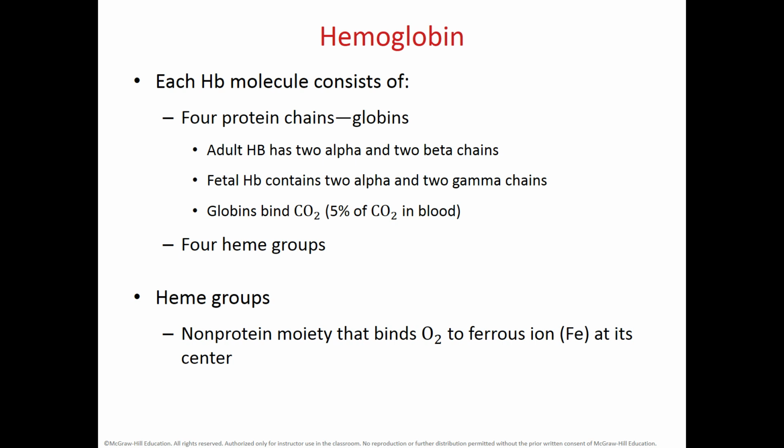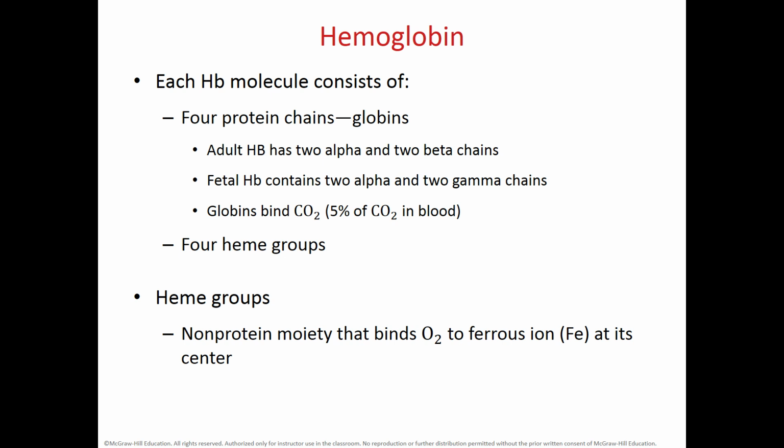So they have to compete with the mother's blood for oxygen. And they have to have a stronger hemoglobin, the fetal hemoglobin, to attract more oxygen molecules than the mother's adult hemoglobin.